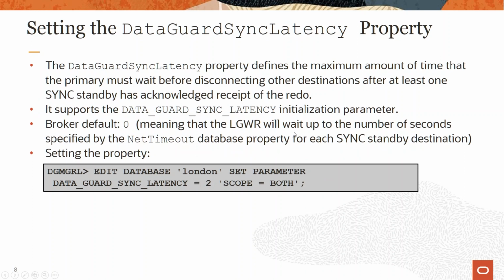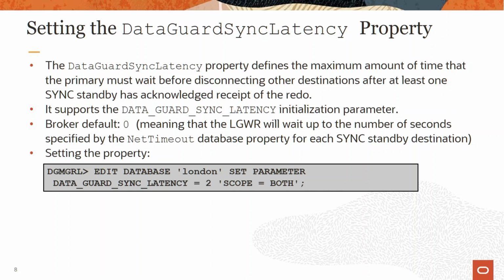And another thing is the Data Guard synchronous latency. Suppose that in your environment, you configured maximum availability data protection and or maximum protection. In that case, if you have more than one standby database, the idea is, let's say in the primary database, you issue a transaction and you issue the commit statement.